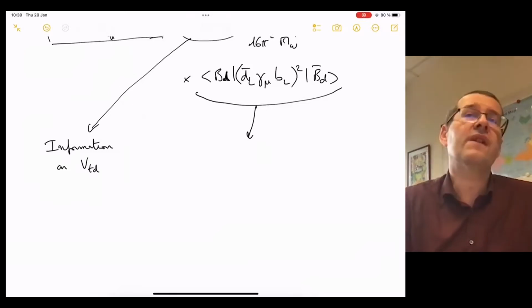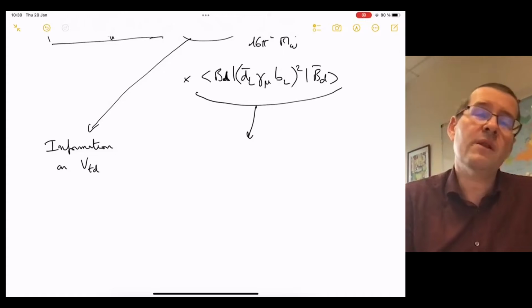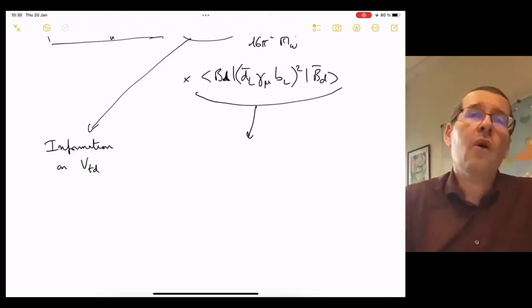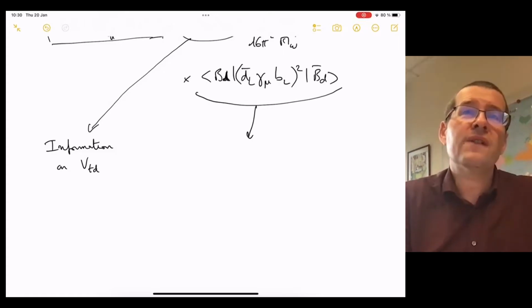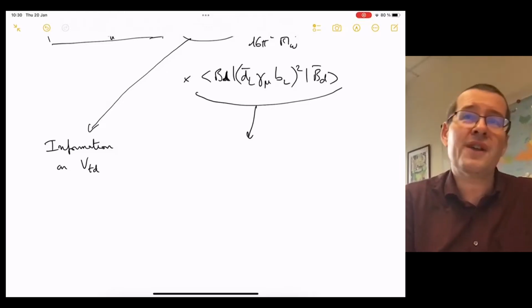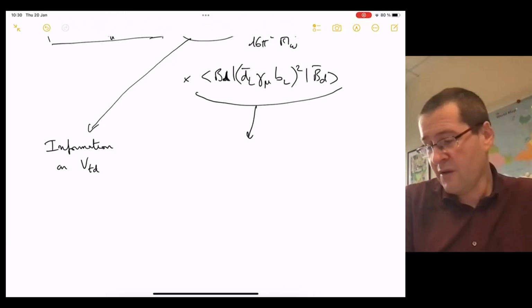So that means that the tools that you have in order to deal with form factors, you can reuse them in principle for this. On top of that, it's a process that occurs, if you wish, at rest, because you don't have any injection of momentum. The B_d and the B_d bar are exactly the same object concerning the kinematics.